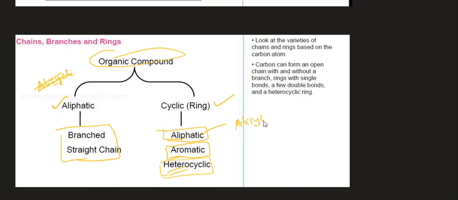This is aromatic and this is hetero. Hetero means different. Normally they form the ring-like structure only with carbon. Here there will be a different atom occupying one position, and that is why it is called heterocyclic.